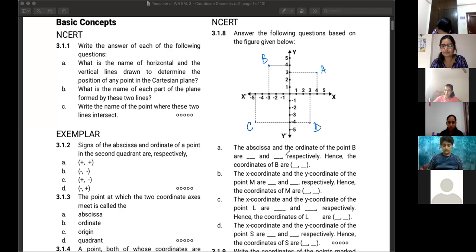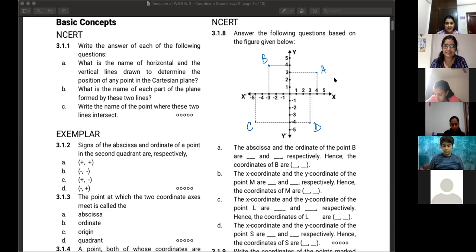Swayam, are you back? Still no response? Okay. Suhani, x coordinate and y coordinate of the point. Oh, hi, Swayam, you're back. Okay. You take this question. So x coordinate and y coordinate of the point M are dash and dash.